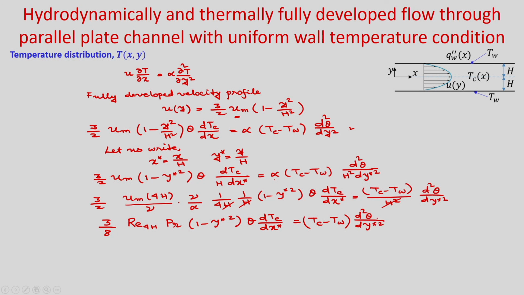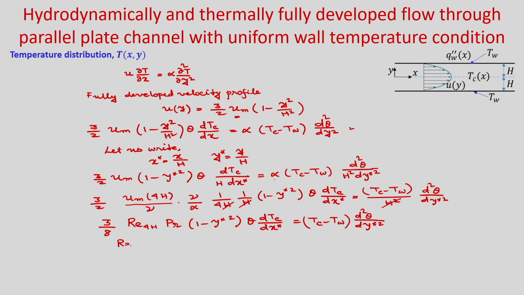Now we will separate the variables. We will put the terms which are a function of x on the left hand side, and the terms which are a function of y we will take on the right hand side.